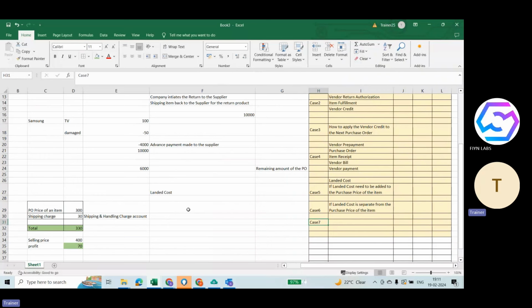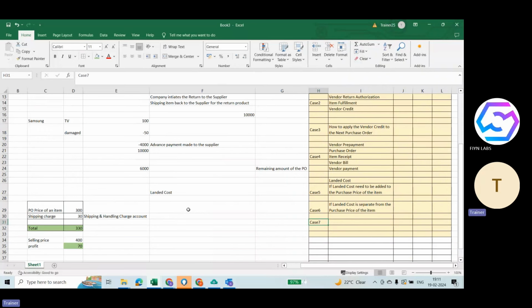Let's suppose the product cost is $10,000, and carrying that product from China to the US took $300 extra. So a total of $10,300 is being paid to the vendor. Now, there is a twist here.